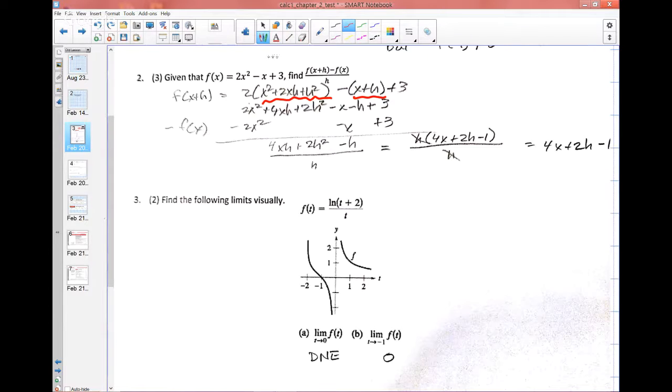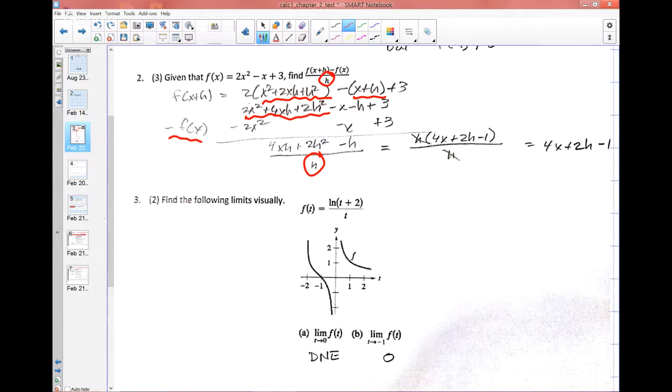And then I just multiplied out the distributive property here, took 2 times each of those things in parentheses. And then I used the vertical form of subtracting the original function here, which left me with 4xh plus 2h squared minus h. And of course, I dare not forget about the h that was in the original expression.